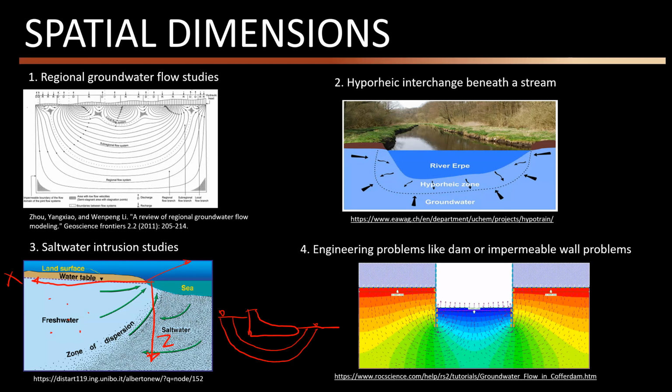We had the streamlines like this, right? In this case, we are much more interested to know what is going on in the x and also in the z direction. So we technically ignore this axis and assume that everything is constant in this axis. Okay, so this is another form of 2D groundwater models.